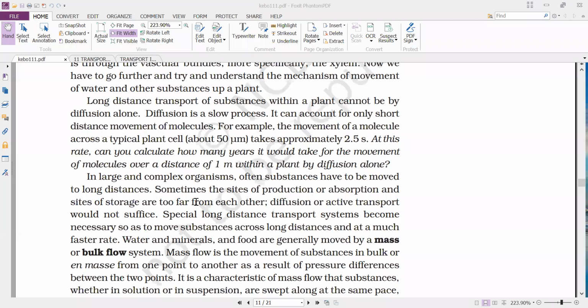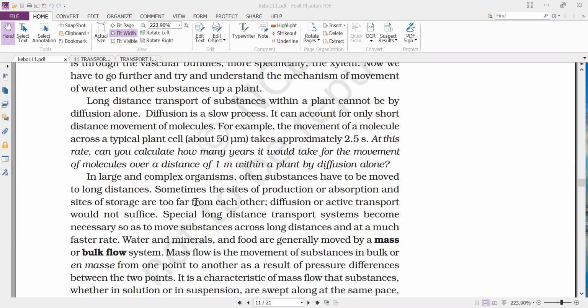At this rate, can you calculate how many years it will take for the movement of molecules over a distance of 1 meter within a plant by diffusion alone?